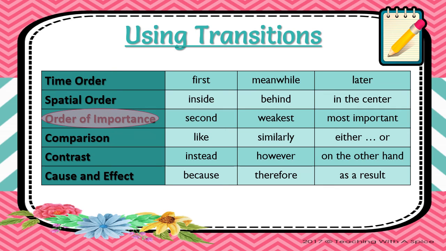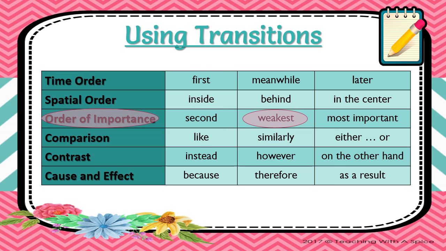Okay, order of importance. Order of importance shows what topics they want you to focus on most and what not so much. What is more important, what has more relativity in your paragraph, which enforces your point more, things like that. What's your strongest point? So words like second show that this comes first, this comes next.